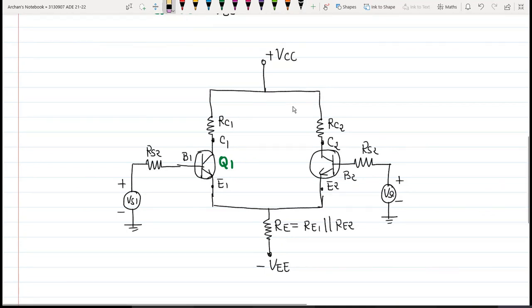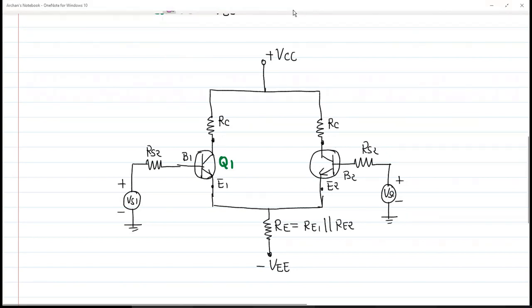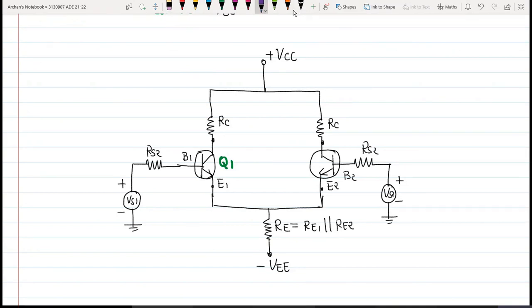As we know, the values of RC1 and RC2 are the same, so we will call it RC only. Now we need to consider the output. Here is where we are going to measure the output voltage. So this is my differential amplifier.